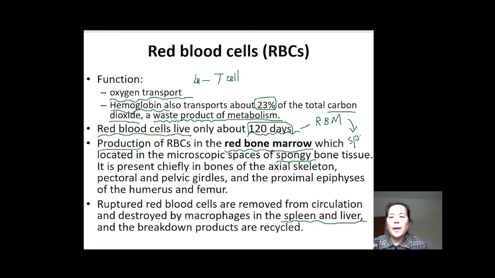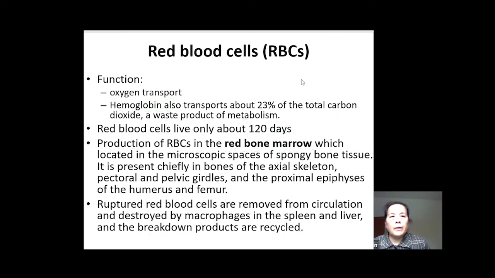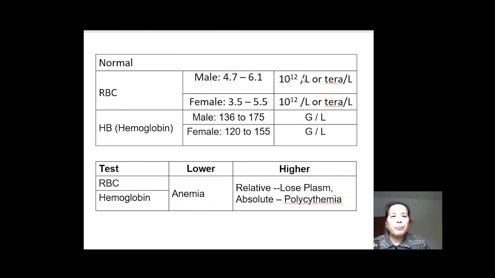So that's basically the red blood cell and its life cycle. And part of the red blood cell can still be recycled and reused to build new red blood cells. So that's mainly what we're talking about for red blood cells and their functions.